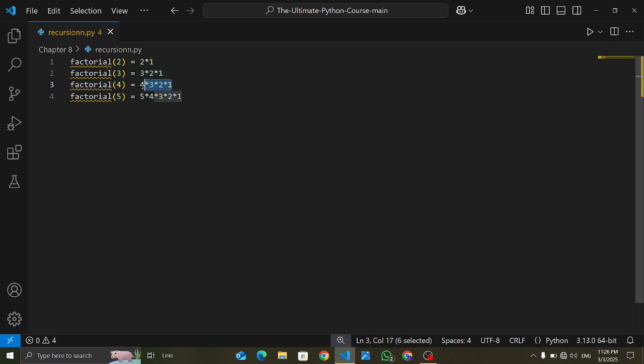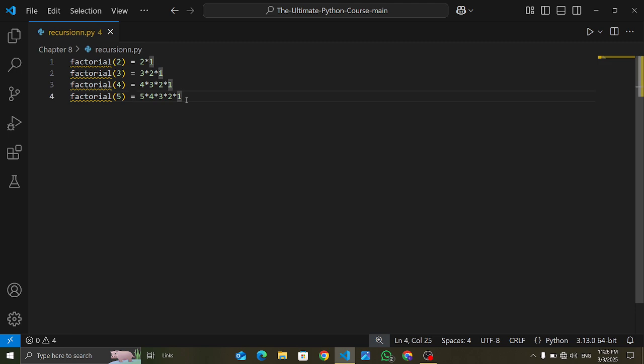Factorial 4 is 4 multiplied by 3 multiplied by 2 multiplied by 1. And factorial 5 is nothing but 5 multiplied by 4 multiplied by 3 multiplied by 2 multiplied by 1. So we can see some pattern in this, and the pattern is that the factorial of any number is that number multiplied down till 1.